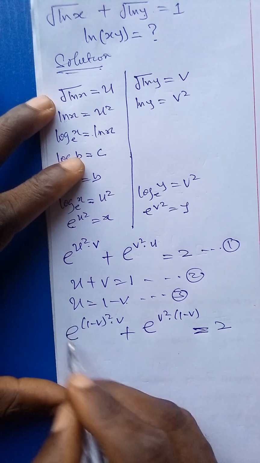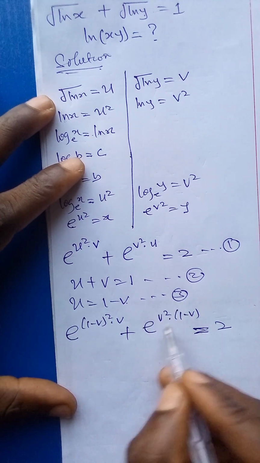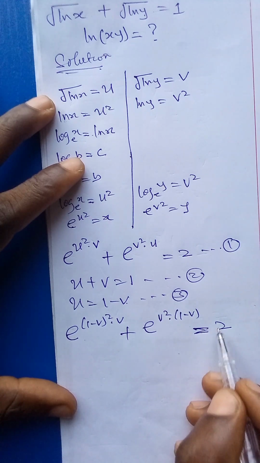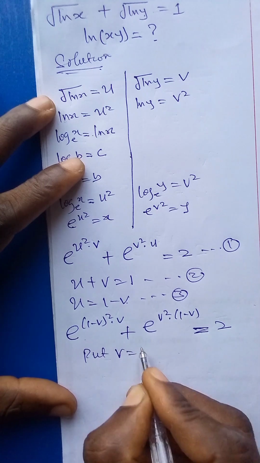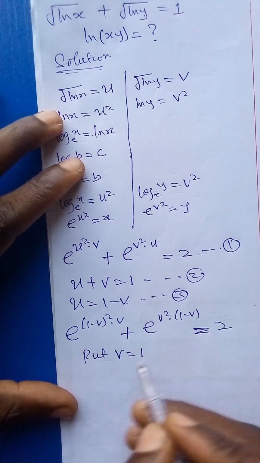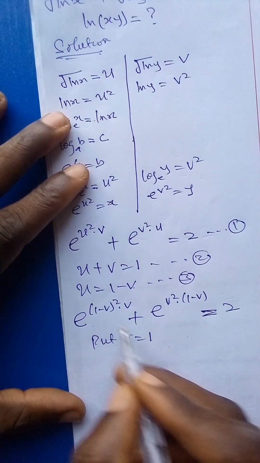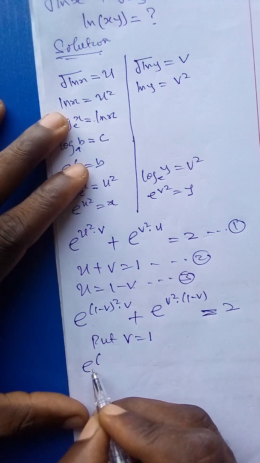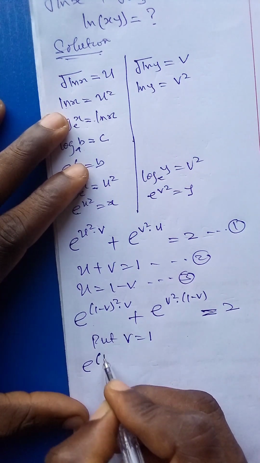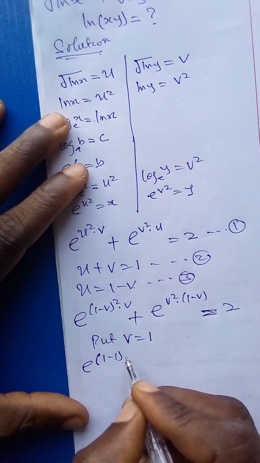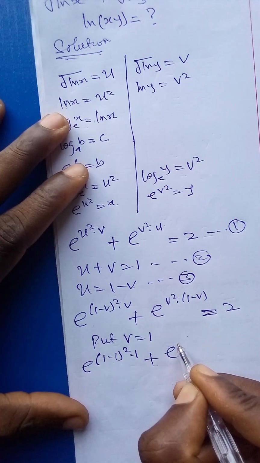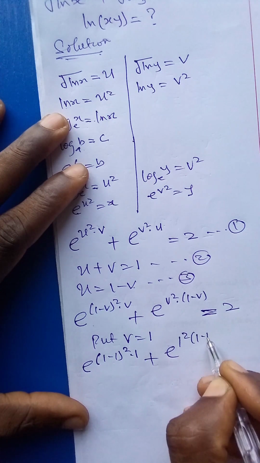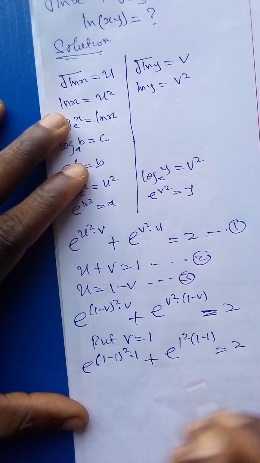Since we know that this part is 1 and this part is 1, so that 1 plus 1 is 2, what I will do is put v is equal to 1 and see if I'm going to get a balanced equation. So if I put 1 for v here, I will now have e raised to power 1 minus 1, v is 1, squared times 1 plus e to power 1 squared times 1 minus 1 is equal to 2.